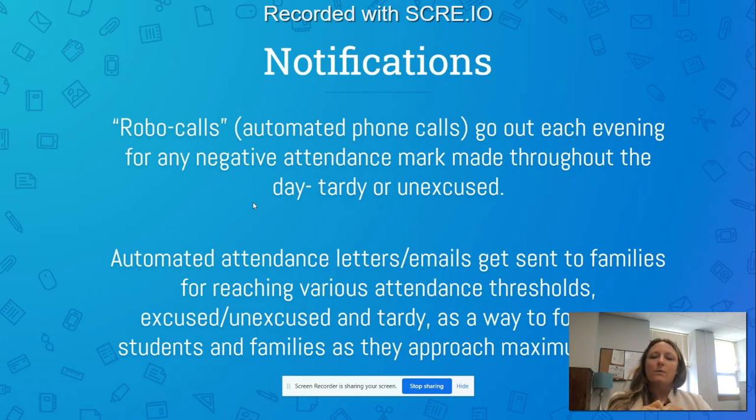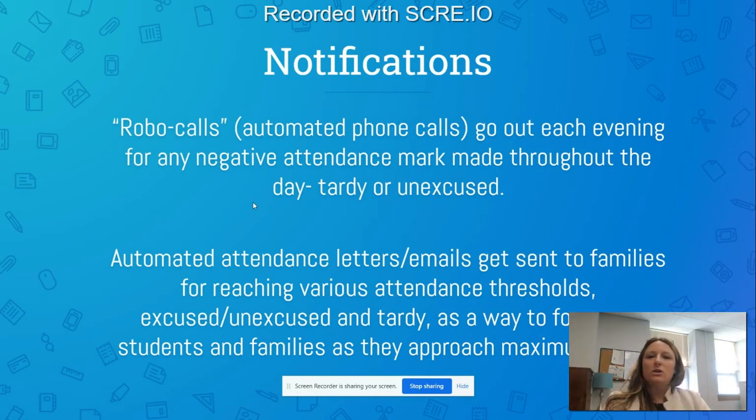Okay, the second notification or communication from the office to home are automated attendance letters. So they are set for various thresholds in regards to tardies, unexcused absences, or excused absences even. So often some of these lower thresholds are really just to forewarn students and families of, hey, just so you know, you're at 5 excused days on the school year thus far.